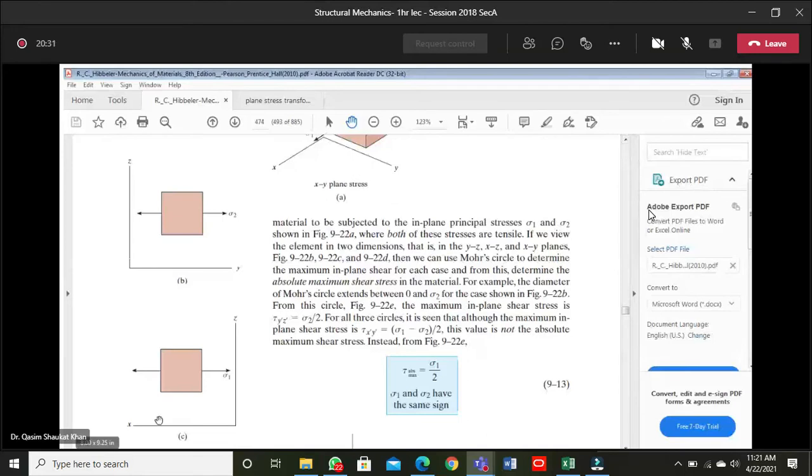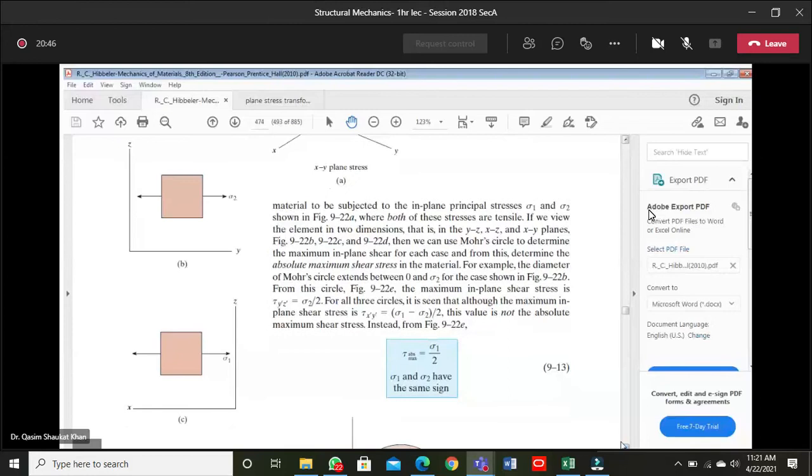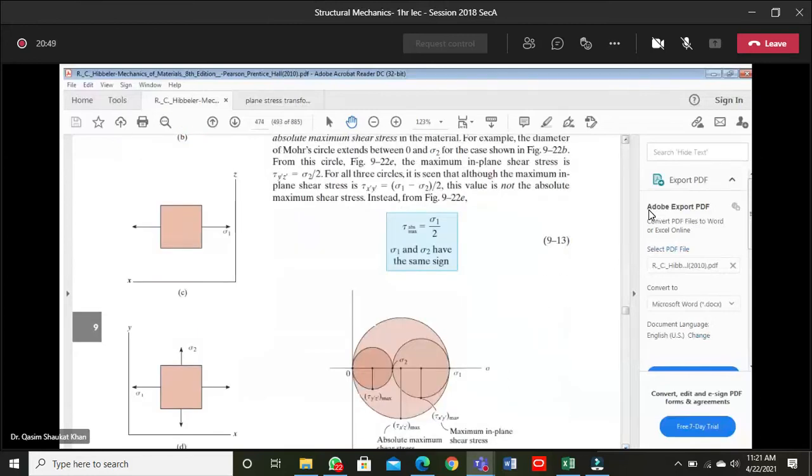Then you have this x and z plane, and you can see normal stress sigma 1 is acting about the x-axis, and there is no normal stress acting about the z-axis. Then you have the third scenario, x and y. There is a normal stress sigma 1 acting along the x-axis, and there is normal stress sigma 2 acting along the y-axis.